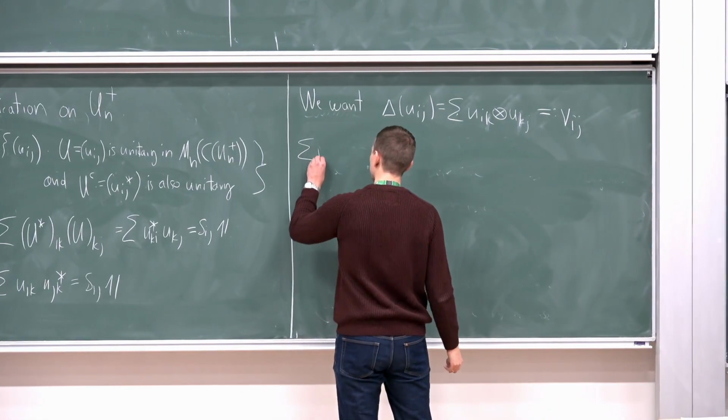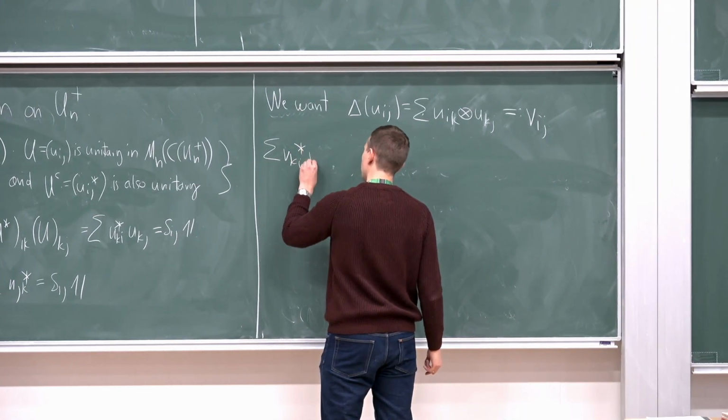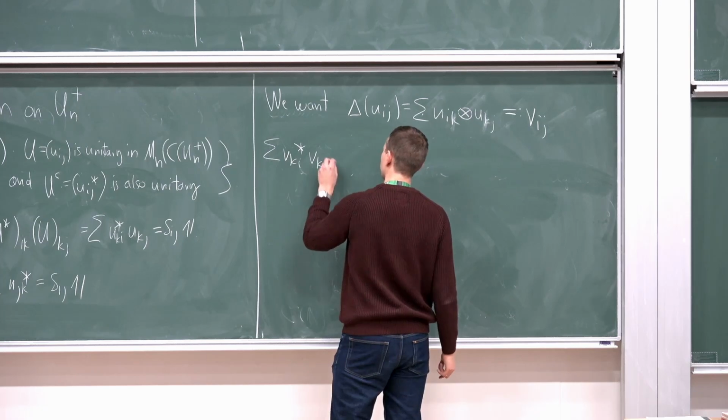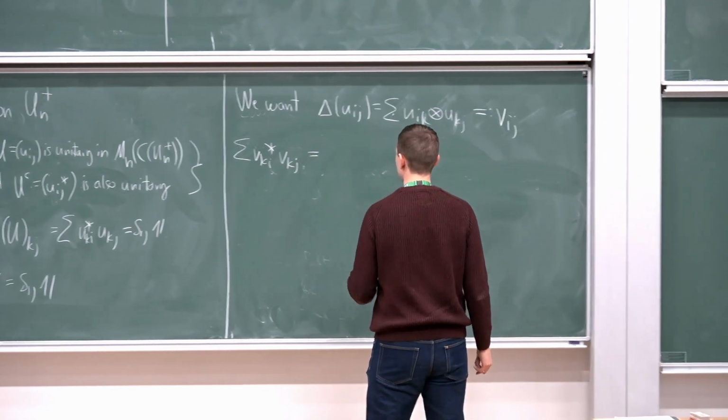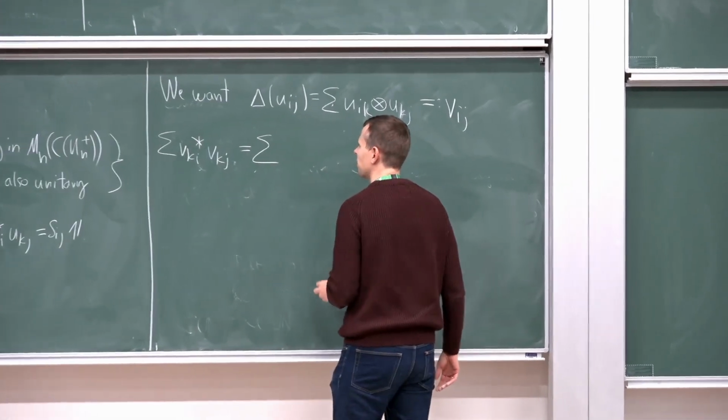Okay, so we have, for example, the sum over k of v_ki star v_kj. This is going to be difficult, but I think it's going to be okay.